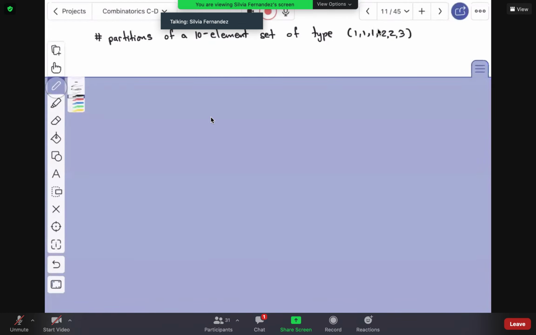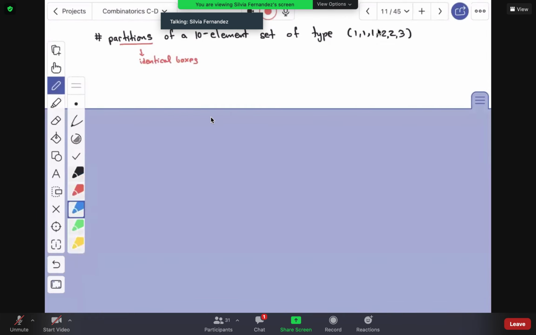Okay, so when they say partitions, you should think of identical boxes. So you just need to group your objects, but they don't go into a labeled box. You just make groups, which is the same as having identical boxes just to separate the objects. So you have a 10 element set. That's going to be your M, so the number of balls.